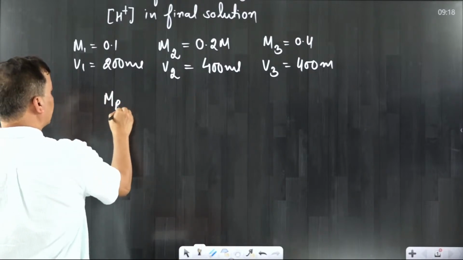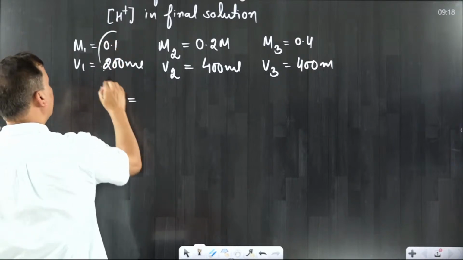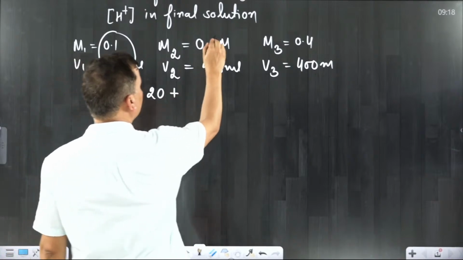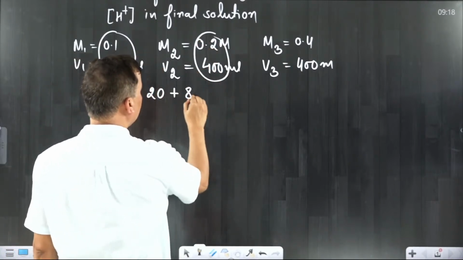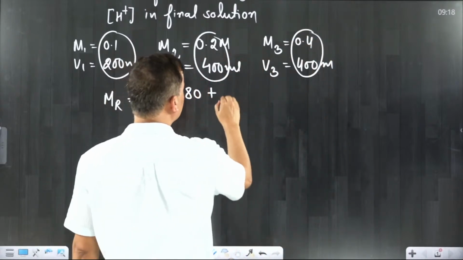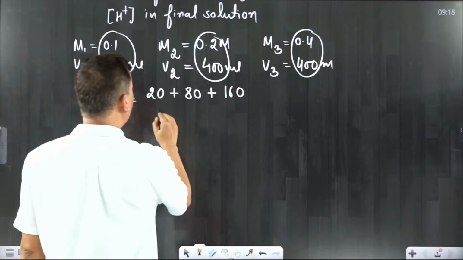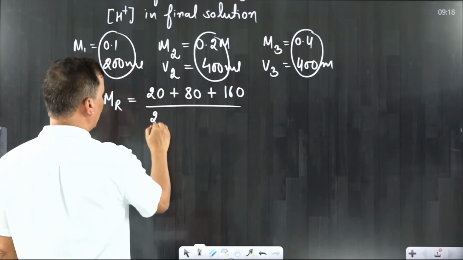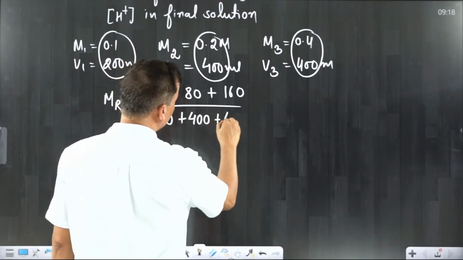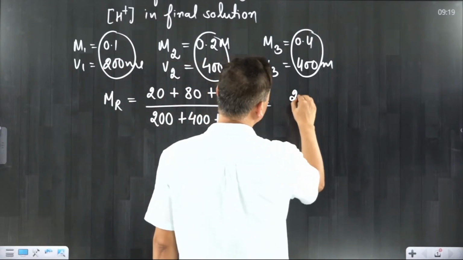Now dear, the molarity of the resulting solution is equal to M1V1 plus M2V2 plus M3V3. If I multiply these two, that is 20. Plus, if I multiply this, that is 80. Plus, if I multiply this, 160. So, dear student, divided by what? Total volume. Total volume is 200 plus 400 plus 400, that is equal to 1000 ml.